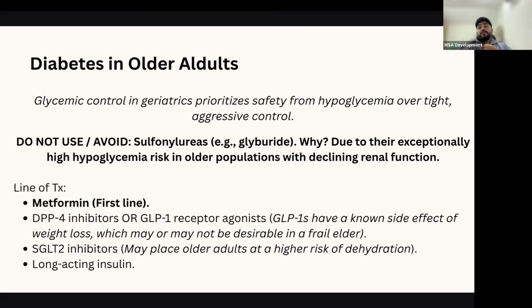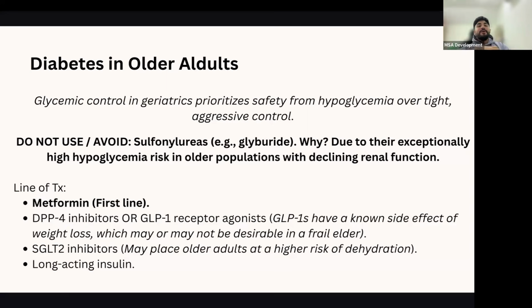In geriatrics, the first thing I need to think of when I'm treating them for diabetes is the risk of hypoglycemia. Okay? Because these patients could take multiple pills accidentally. These patients could, you know, do something wrong. So hypoglycemia, that's number one.